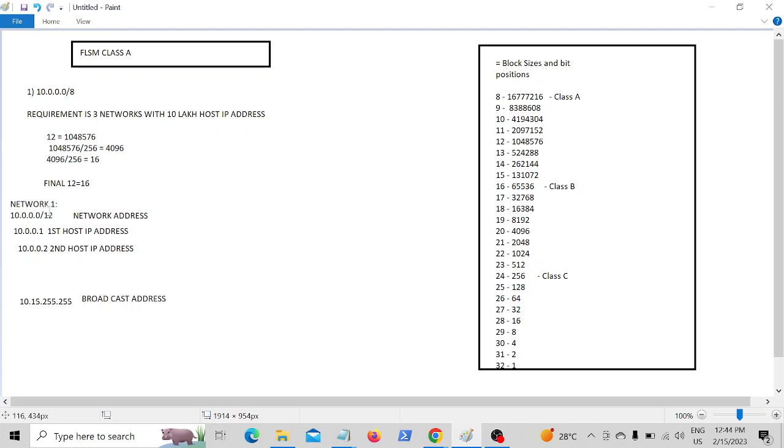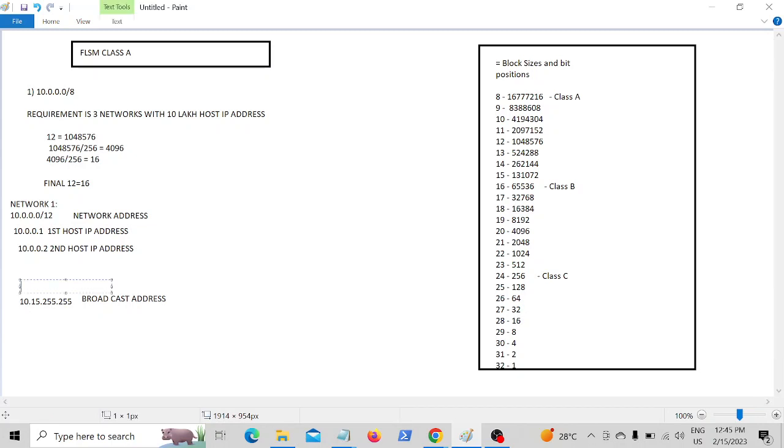See, the requirement is three networks with 10 lakh host IP addresses, and here you can see its block size is 16. So 16 will be the next network, and 15 will be the broadcast address.